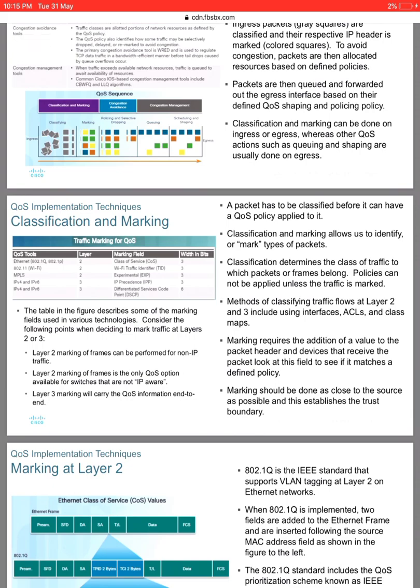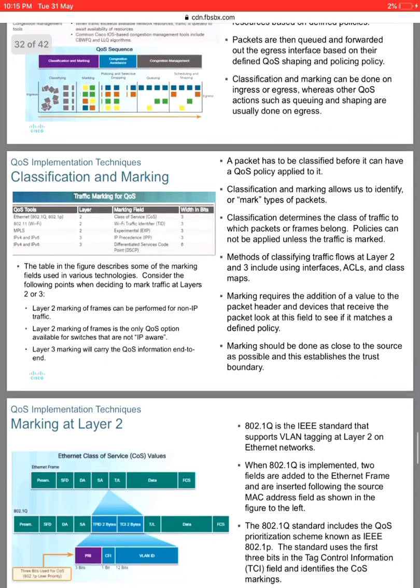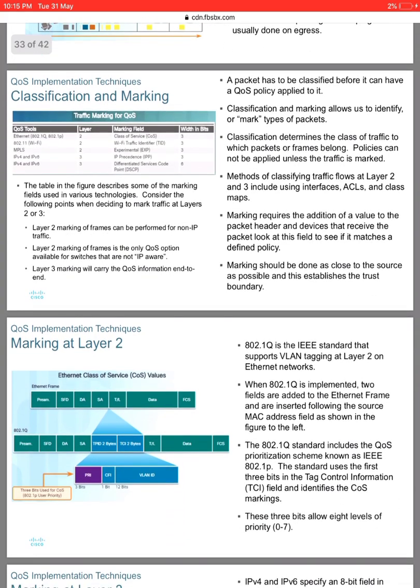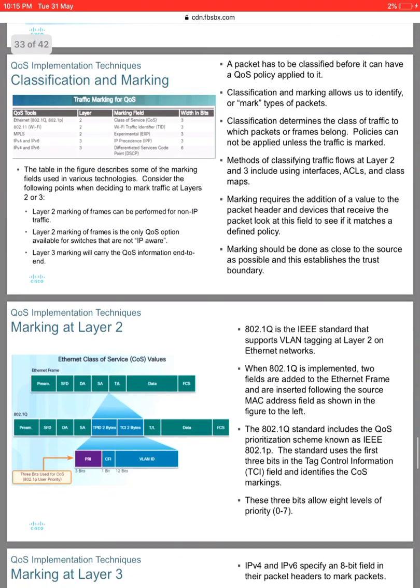Classification and marking can be done on ingress or egress, whereas other QoS actions such as queuing and shaping are usually done on egress. So for classification and marking, traffic has to be classified before it can have a QoS policy applied to it. Classification and marking allows us to identify or mark types of packets. Classification determines the class of traffic to which packets or frames belong.